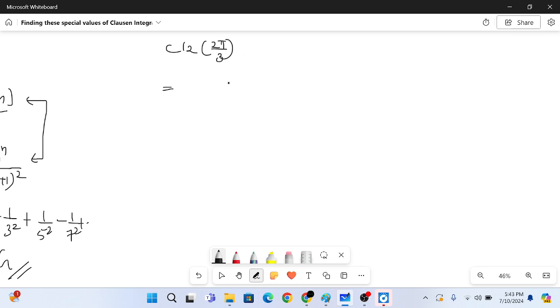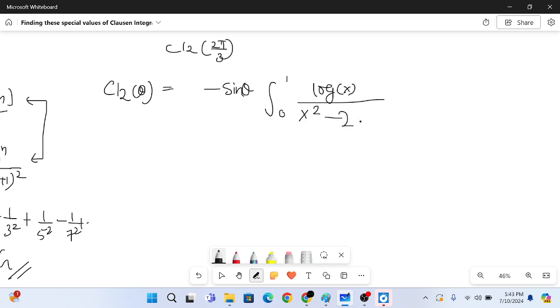Now for that we will use the integral representation that we just derived in the previous video, which is minus sine theta times the integral from 0 to 1 of log x divided by x square minus 2 cos theta x plus 1, dx.